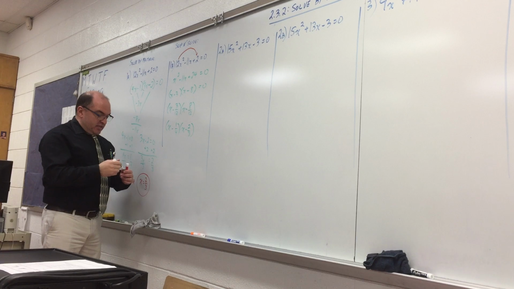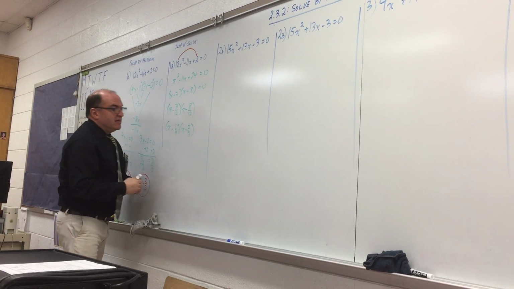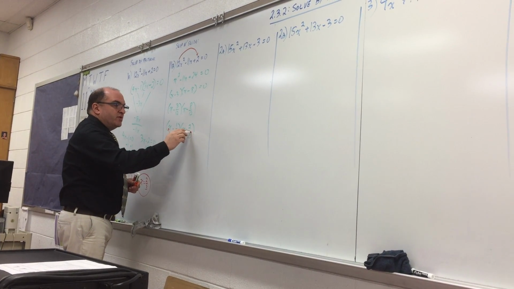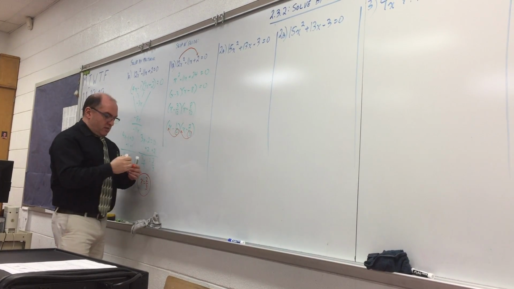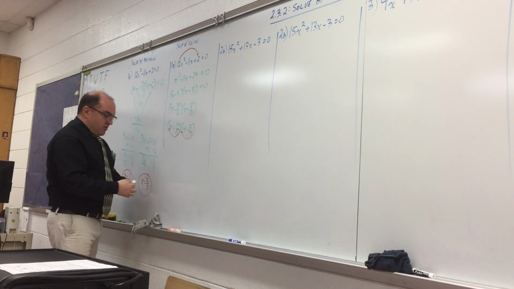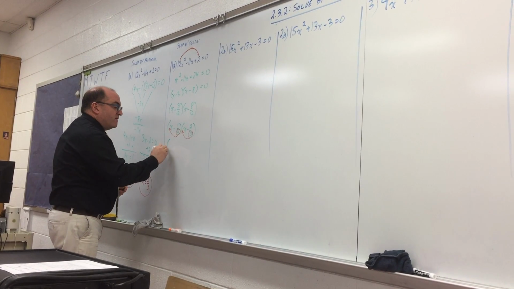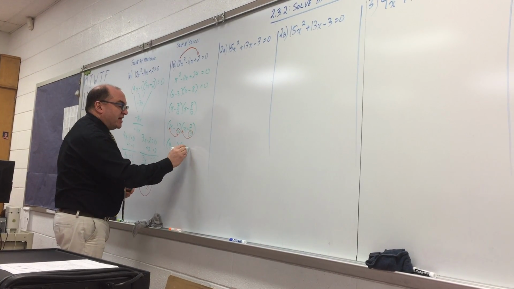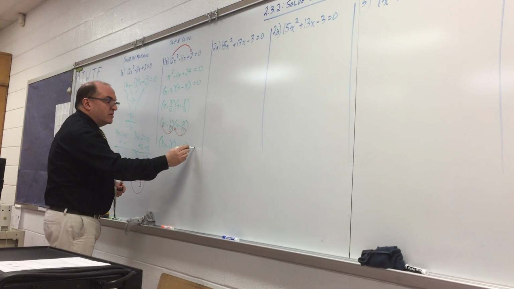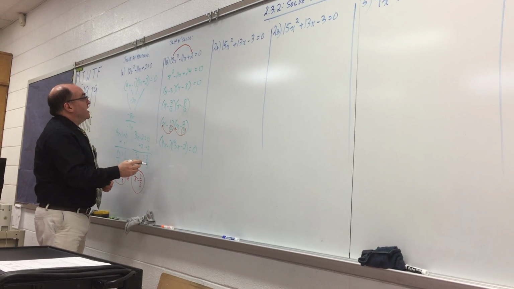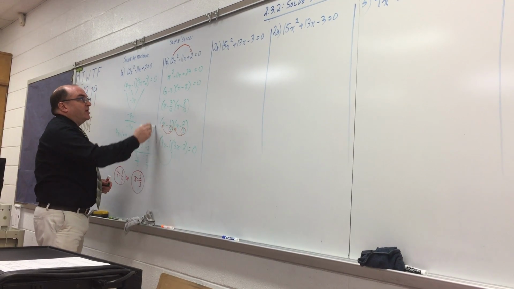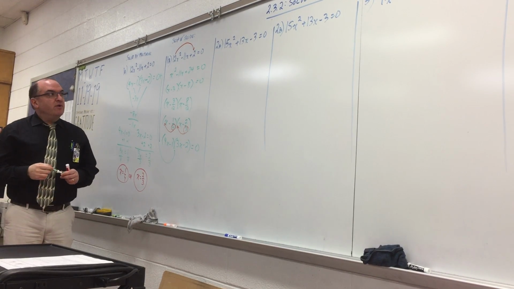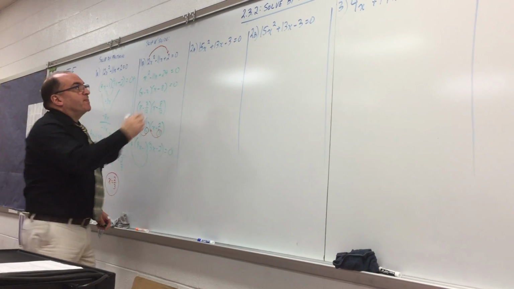And now, finally, you slide the denominators back over here, and you have 4x minus 1 and 3x minus 2. And then you follow the same steps that you did here.